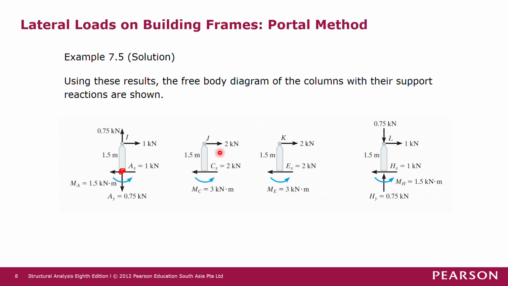And then Cx equals 2 kilonewton using the equilibrium equation of summing the horizontal forces equals 0, and then Mc equals 3 kilonewton meter by summing moment at joint C or summing moment at joint J. Both will give you the same solution. So we may use the similar method to analyze for Me and Ex, and then Mh, Hx, and Hy.